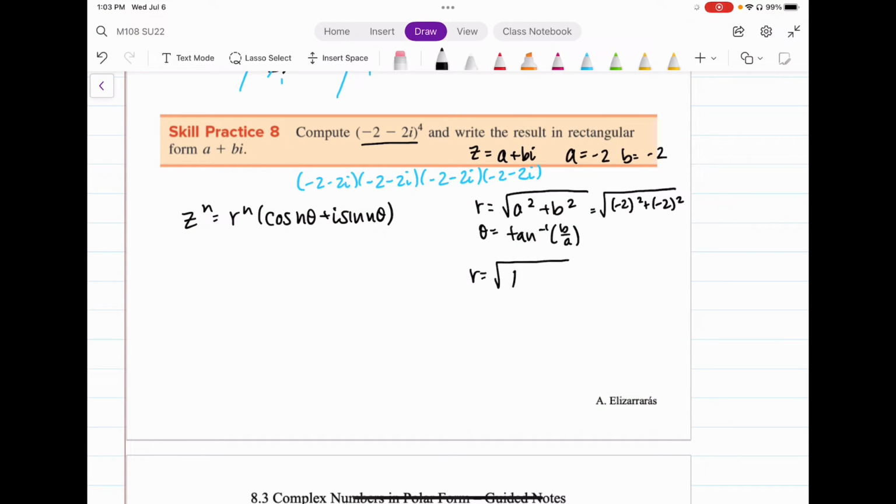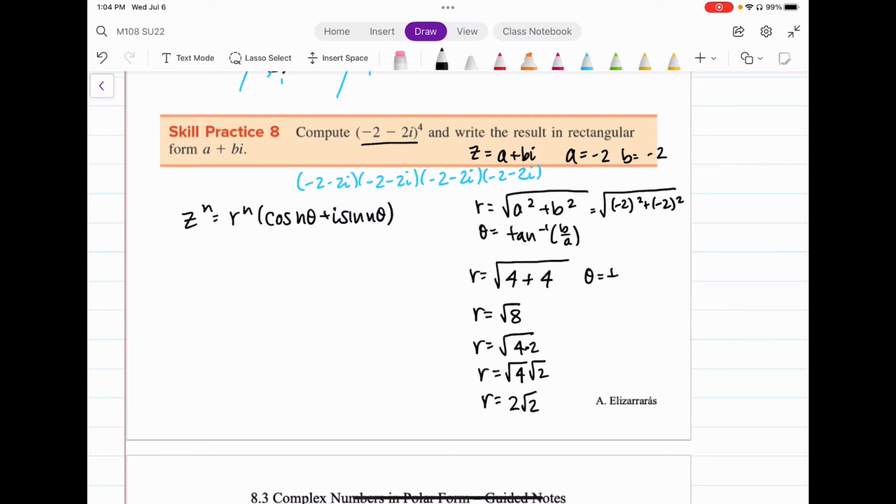Negative 2 times negative 2 is 4. Negative 2 times negative 2 is 4. And so r equals the square root of 8, which is the same thing as 4 times 2, which I can then write as the square root of 4 times the square root of 2, or 2 root 2 in simplified form.